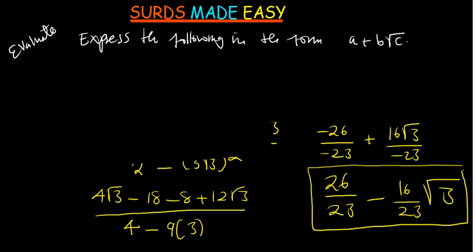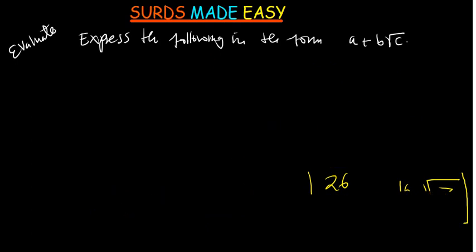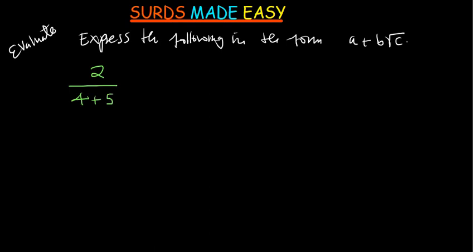Okay, so let's look at two more questions. And then I've got a bunch of questions for practice. So we have got 2 over 3 plus root 2, and then minus 4 root 2 plus 3.